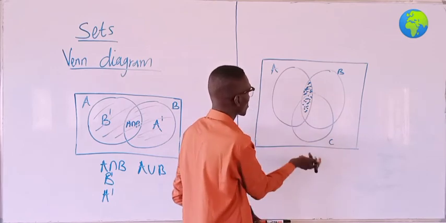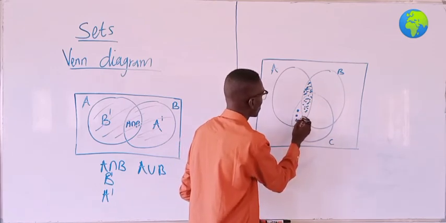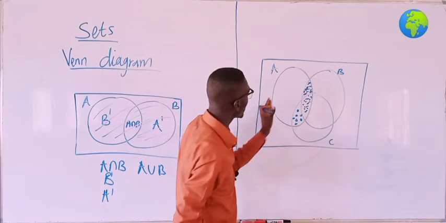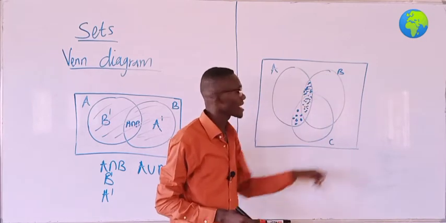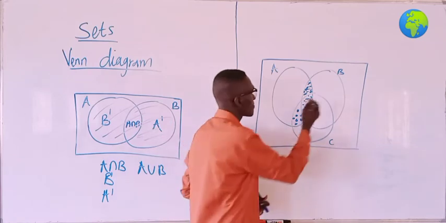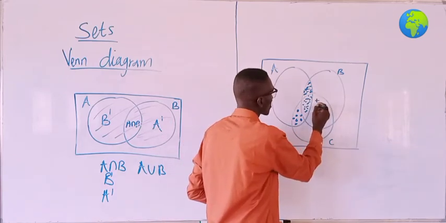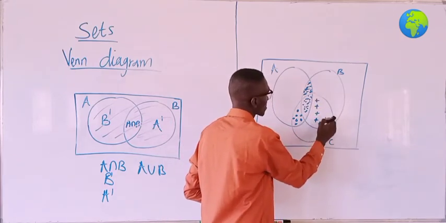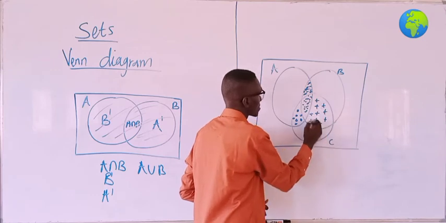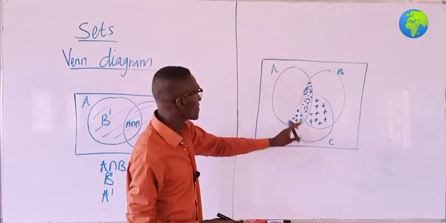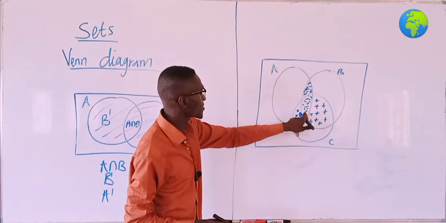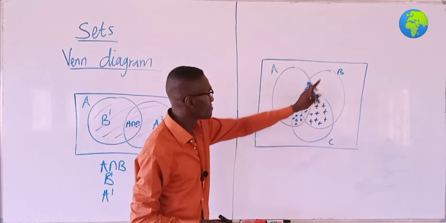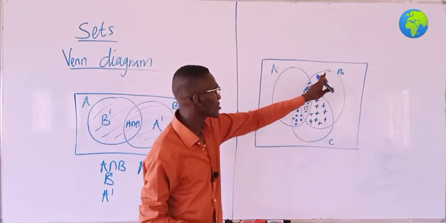That's their intersection. I'll be using this symbol for just A and C, right? Where do B and C intersect? You can see that this is the point. I'll just put the plus sign here. So we have the general intersections: A intersection C, B intersection C, A intersection B, right?